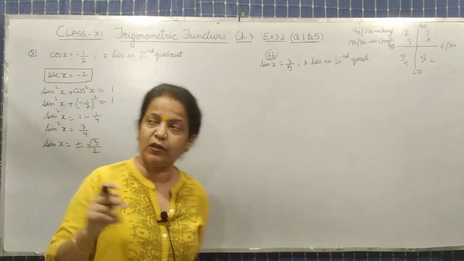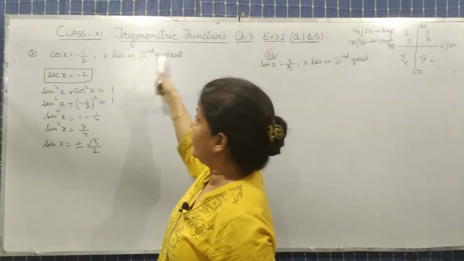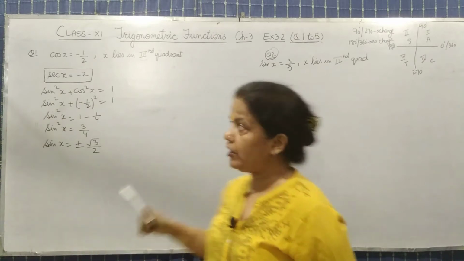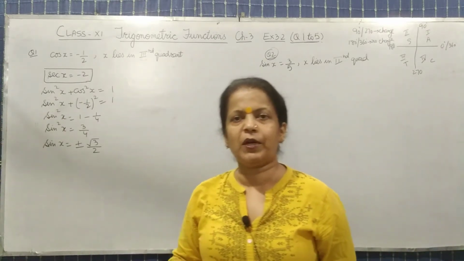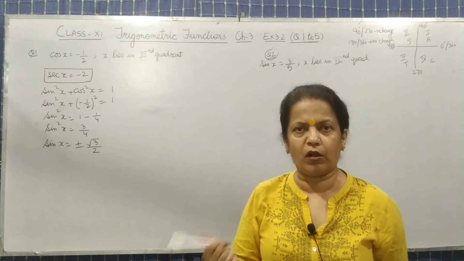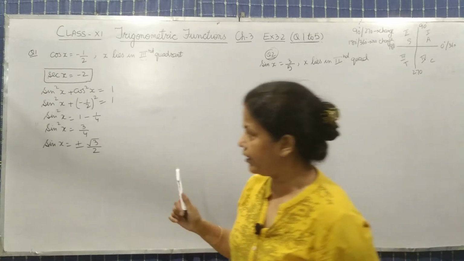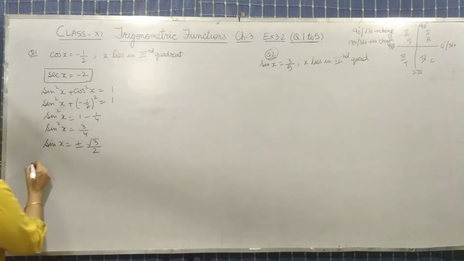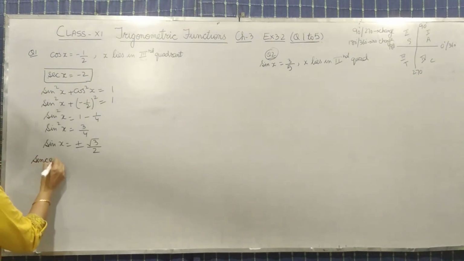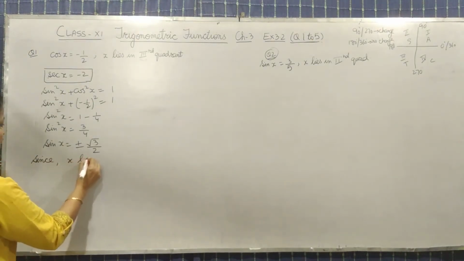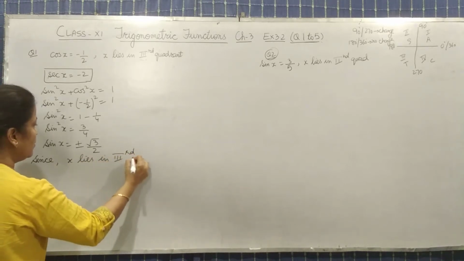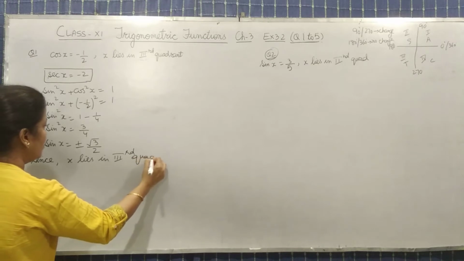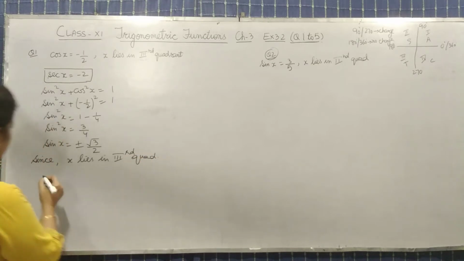But here it is written that x lies in third quadrant, and as I have told you, in third quadrant, except tan and cot, all the trigonometric ratios are negative. So since x lies in third quadrant, what should be the value of sin x?